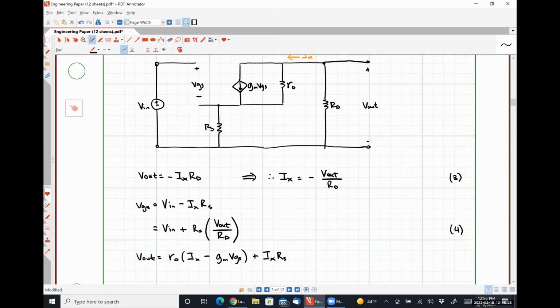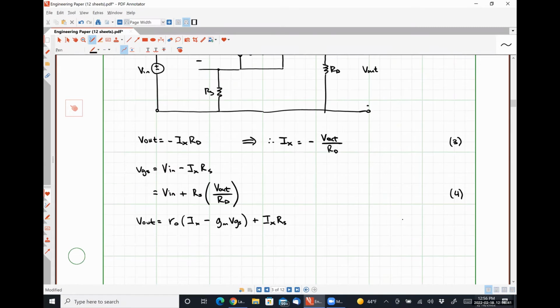I'm going to substitute relationship 3 and relationship 4 into this expression where appropriate, which should give me an equation only in terms of V out, V in, and resistor values, effectively.